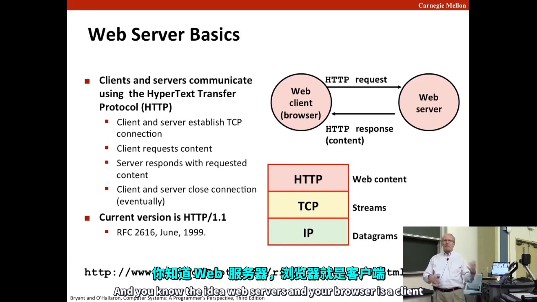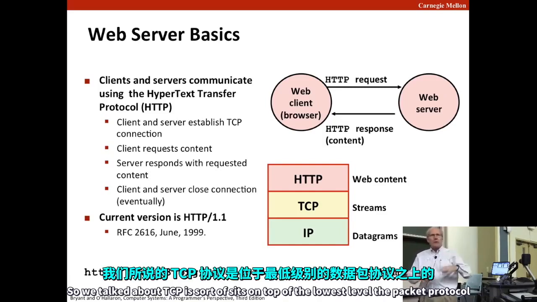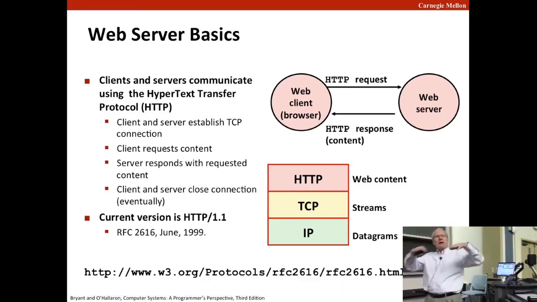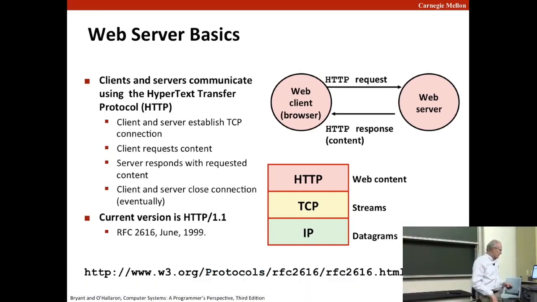Web servers, and your browser is a client. But the protocols for that sit on top of the other internet protocols. So we talked about TCP sitting on top of the lowest level, the packet protocol. And then HTTP sits on top of that and uses TCP connections to send and receive data over the World Wide Web.